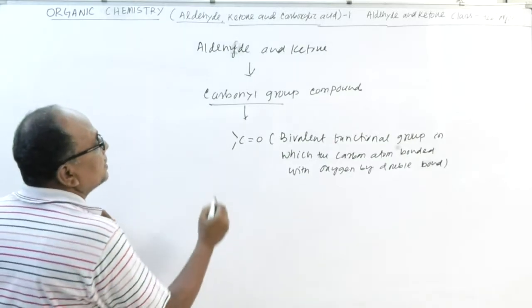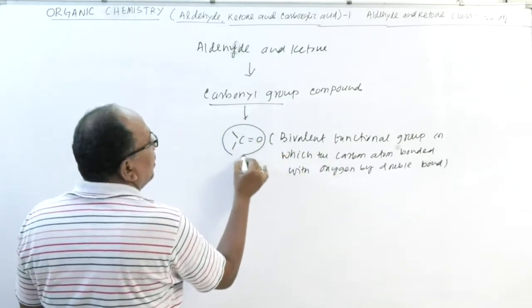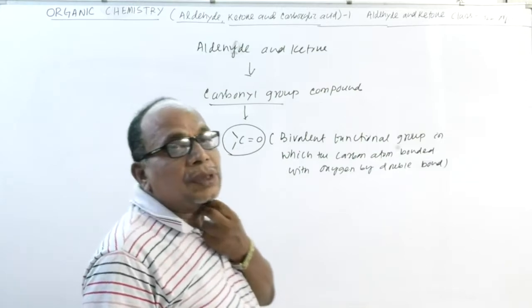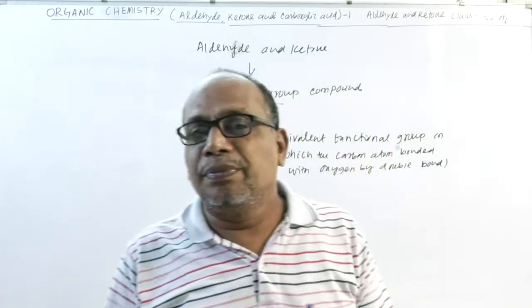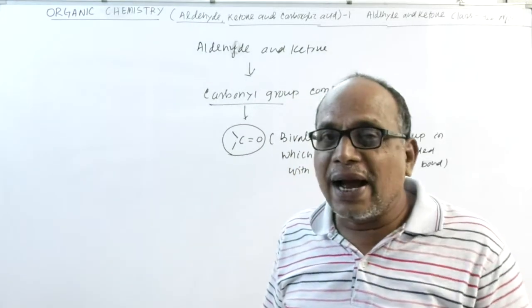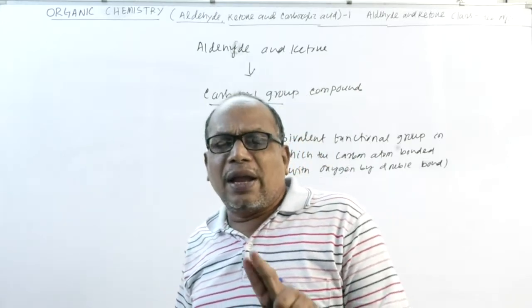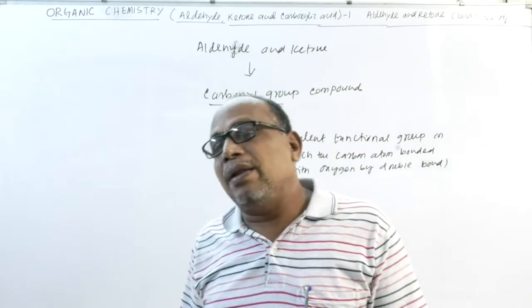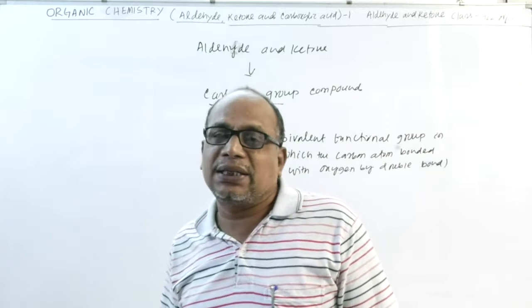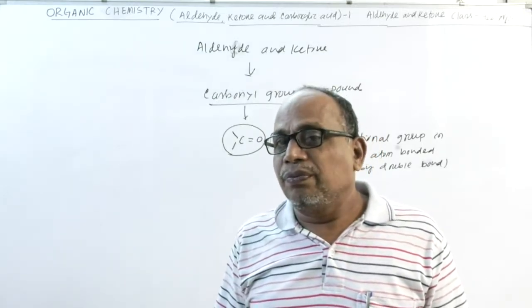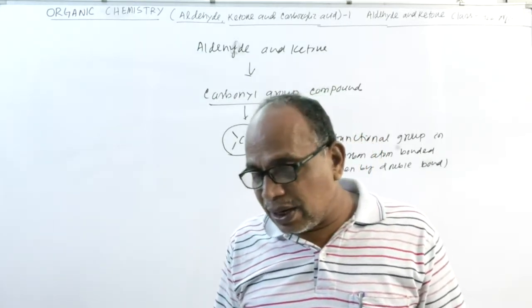This group is called the carbonyl group. It is present in both aldehyde and ketone, and they have almost the same character due to the presence of the same carbonyl functional group.